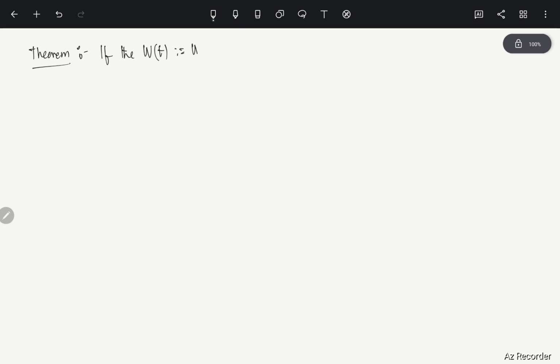So this is the Wronskian of n vector valued functions. Okay, what are the functions? x1 of t, ..., xn of t, okay, is different from 0.